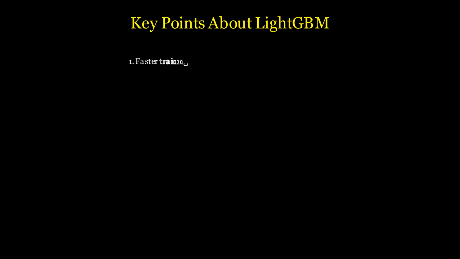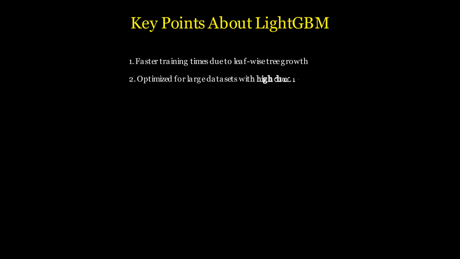Let's summarize the key points about LightGBM, a highly efficient gradient boosting framework. LightGBM grows trees leaf-wise, which leads to faster training times compared to level-wise growth. It is specifically designed to handle large datasets with high dimensionality efficiently.